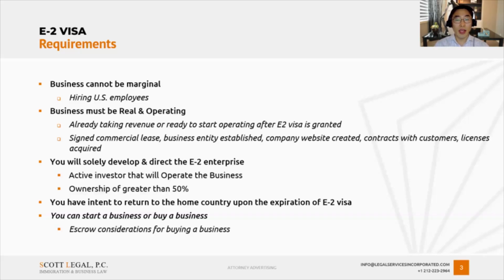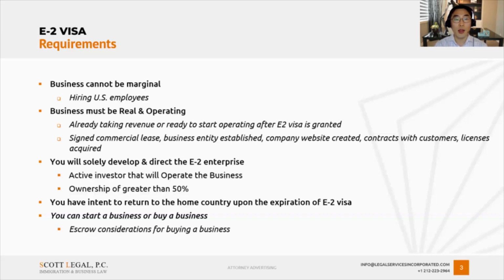The business must be real and operating. What it means is that when you submit your E2 visa application, your business must already be fully ready to operate, or already up and running with hired US workers. Either it is already fully ready, or it is already operating by somebody in the United States.